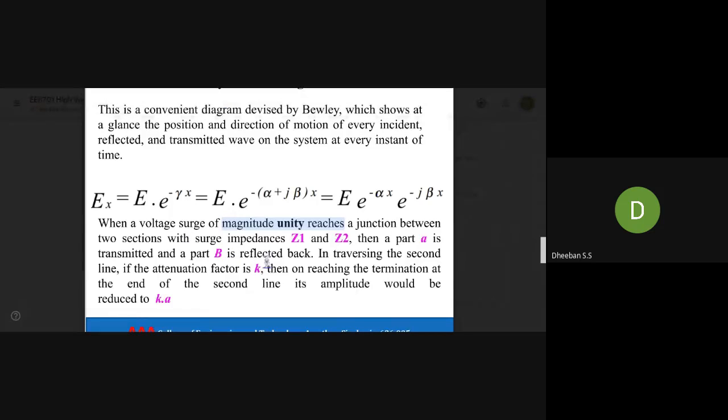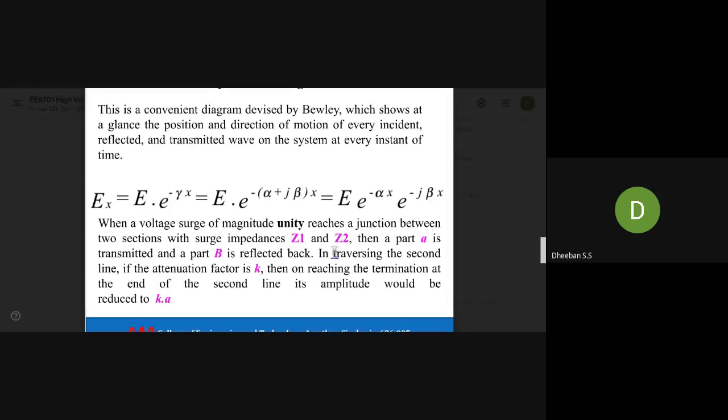Here they are dealing with the assumption. They are starting with the assumption that at the junction, for sure, some amount of waves is transmitted and some amount of waves gets reflected back.